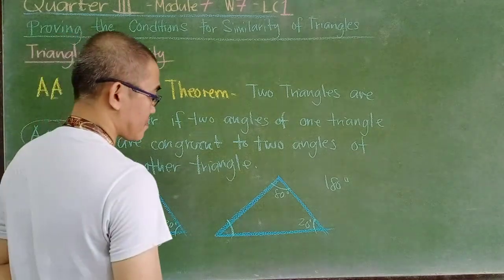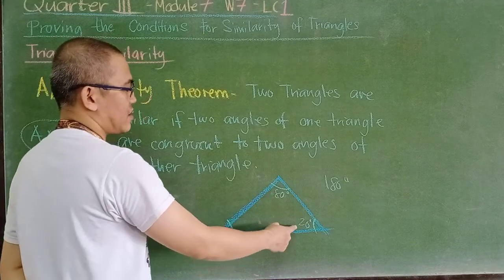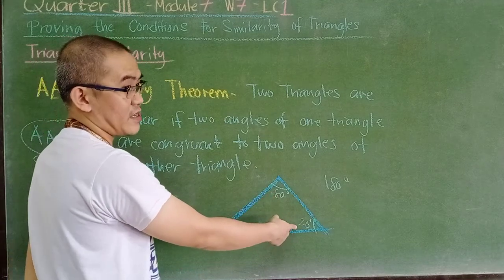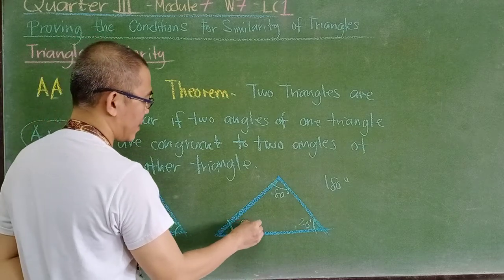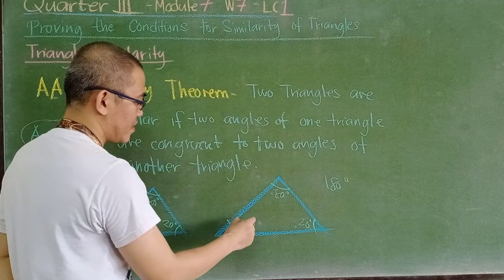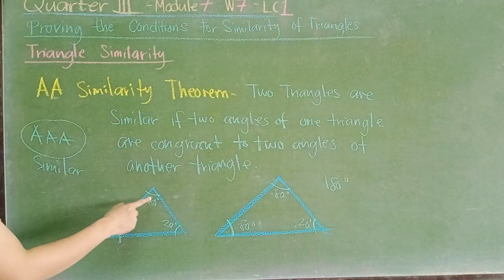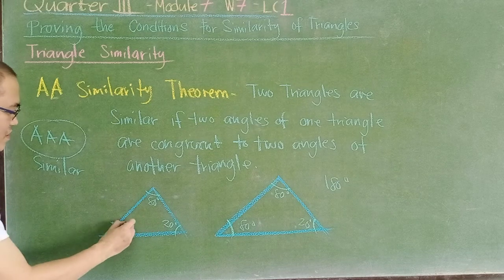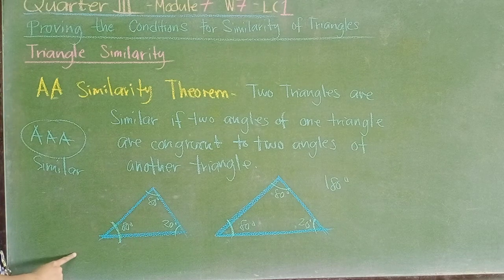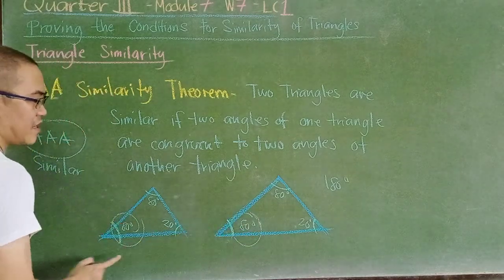So again, ang gagawin natin, i-add natin yung 80 at saka yung 20, that will give us 100. So ibig sabihin, yung third angle is 80. This is just an example. Dito naman sa kabila, if you will add 80 tsaka 20, that will give you 100. So, ibig sabihin, this is 80. So, makikita natin yung dalawang angle na nawawala, parehas yung sukat nila.